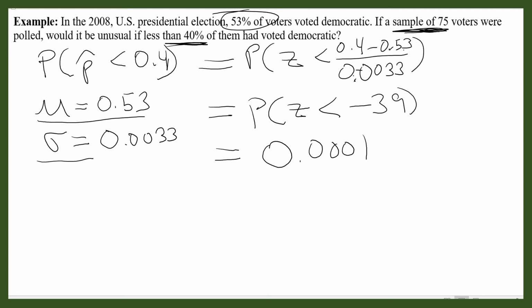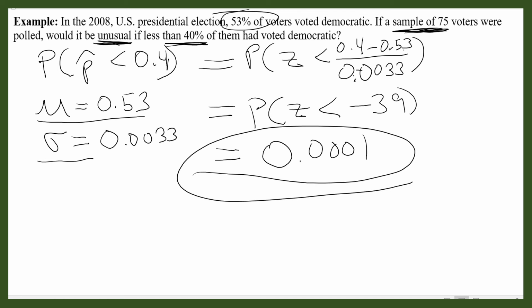There's about no chance this should happen. Okay, so I would say yes, it is unusual for this to happen. It can happen, but it's highly unlikely to happen, so I guess we should use the word unusual, right?